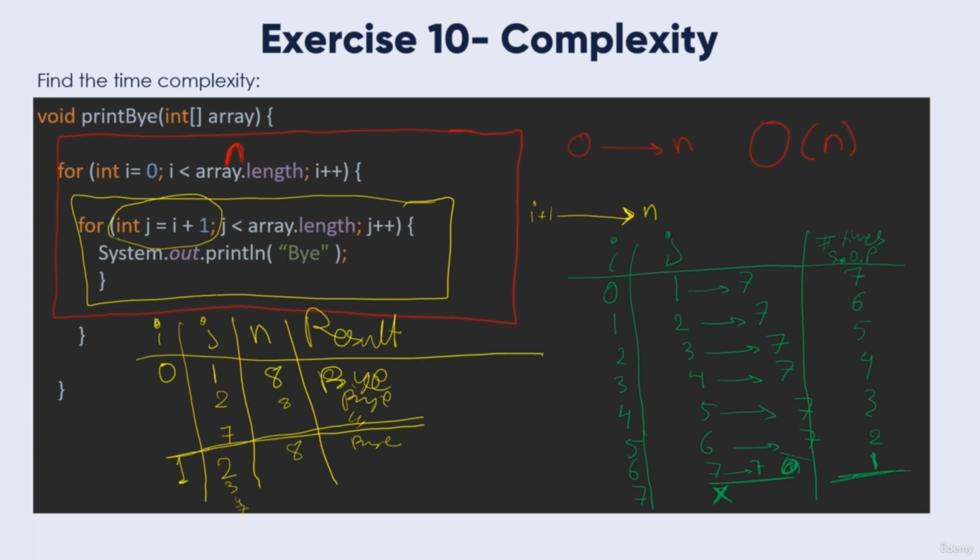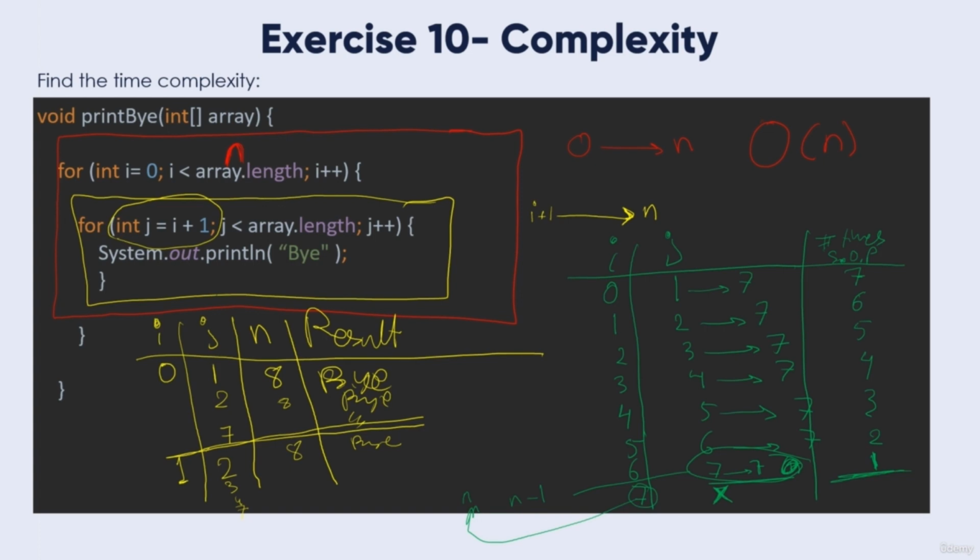So 7 in j represents n minus 1 and 7 in i represents n. Now, how many times are these executed?